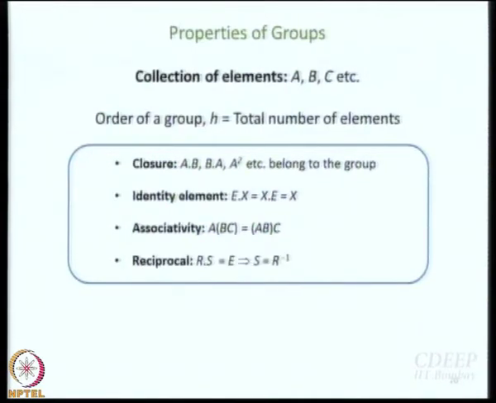Last, as Dola said correctly, is the presence of a reciprocal. Reciprocal means for every element R, you have another element S, so that RS is equal to E. So you call S R inverse. Just don't forget that here we are not really talking about multiplication or division.